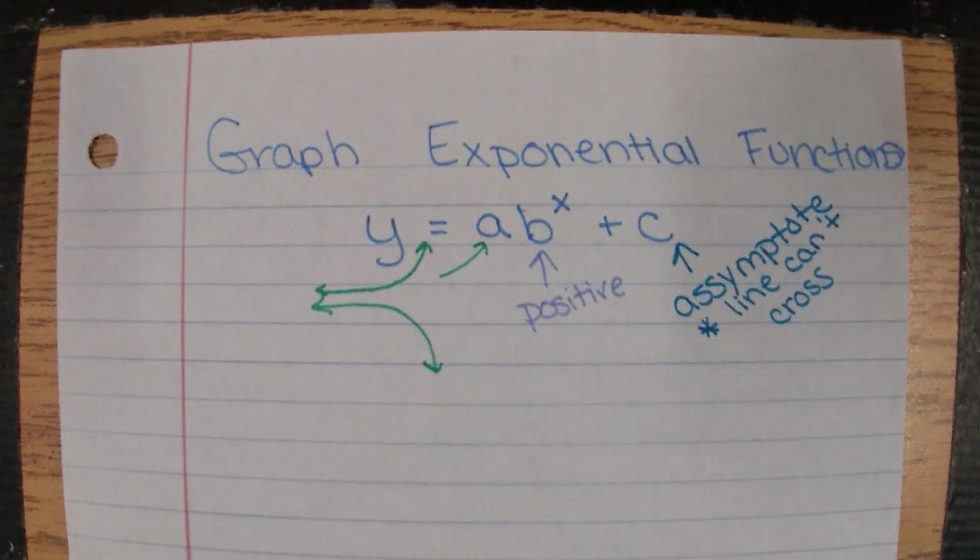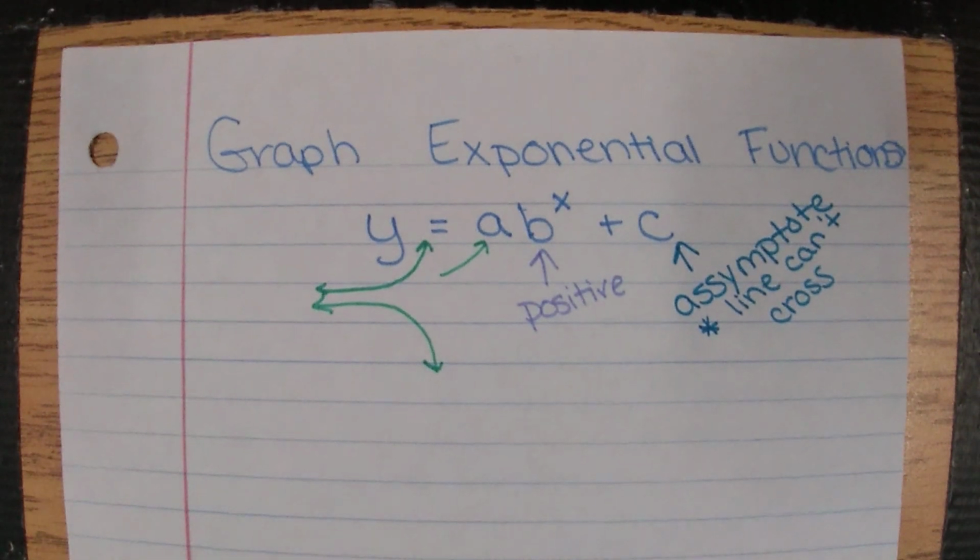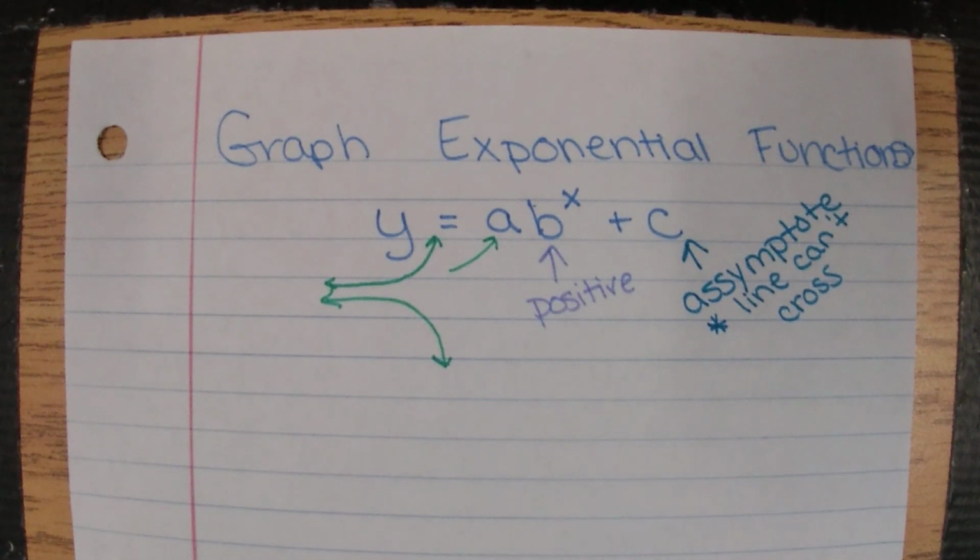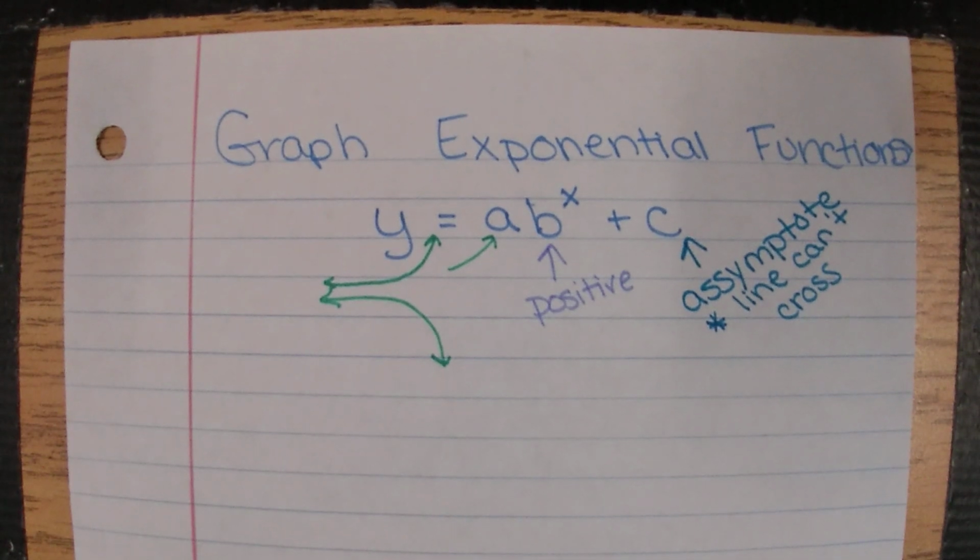In the math world, an asymptote is a line that you get closer and closer to, but you never actually get on it. Very similar to when we did something like x is greater than 2. You can get as close to 2 as you want, but you can't actually stand on it. It's a similar idea, except it's with this line that we're approaching.